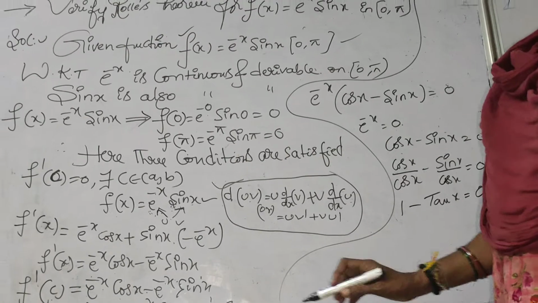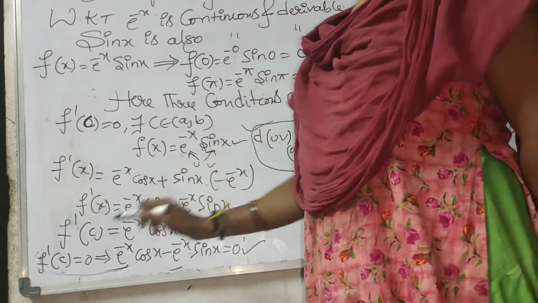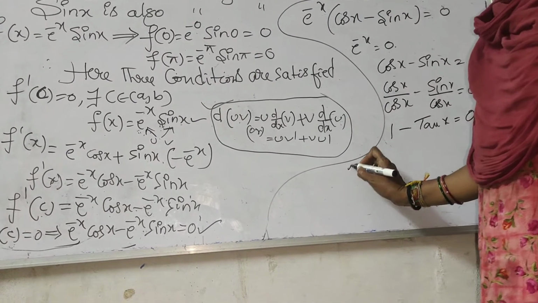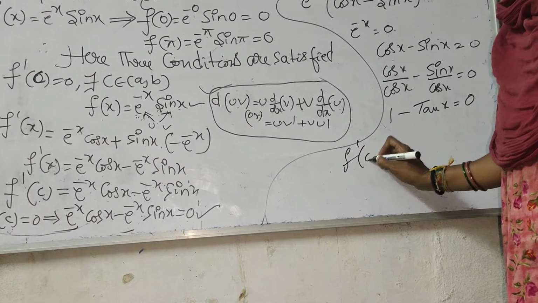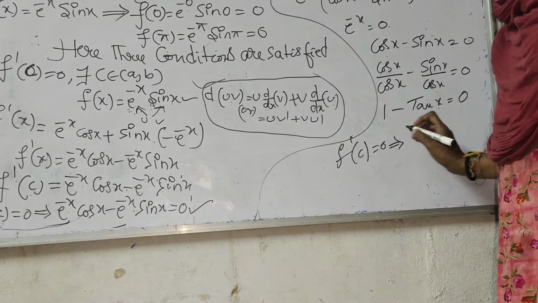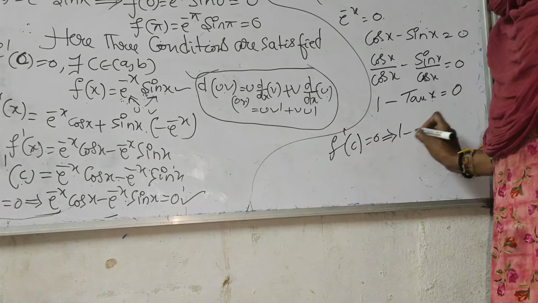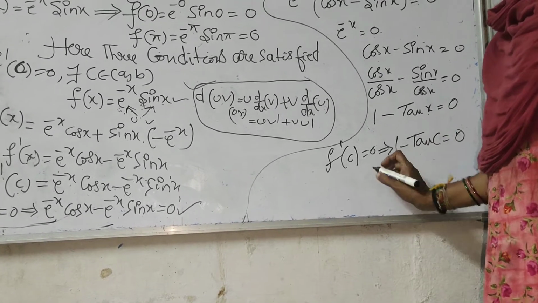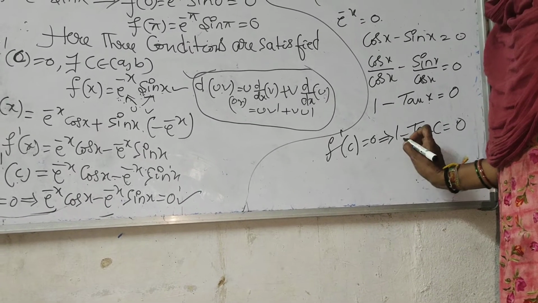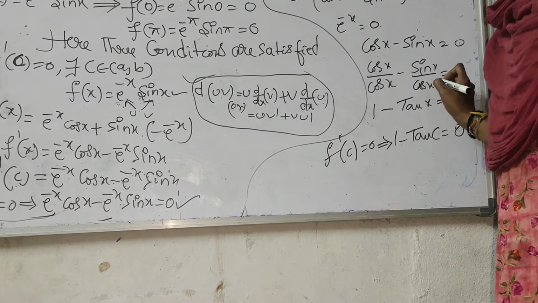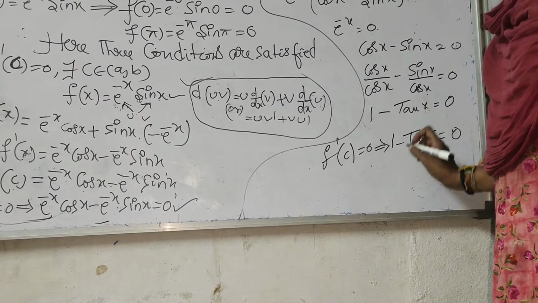Here f dash of c equals 0 means, in place of x write c. 1 minus tan c equals 0. Here sin x by cos x equals tan x.